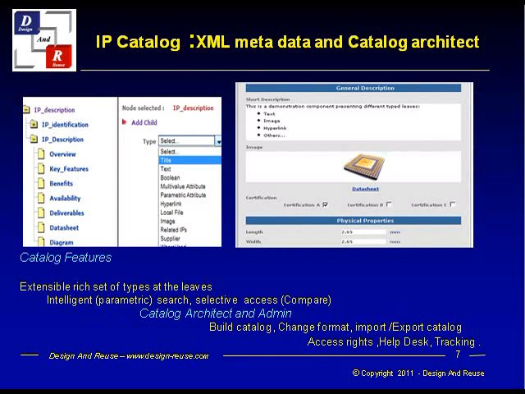So when we created the notion of catalog between 97 and 2000, you have a hierarchy, of course, but at the leaf, I want to describe the data sheet, the diagram, the availability. The typing is extremely rich and enriched every day with our clients. You can say this is an image, this is a data sheet and a link to a data sheet, this is a multi-value, this is a physical, this is the unit.